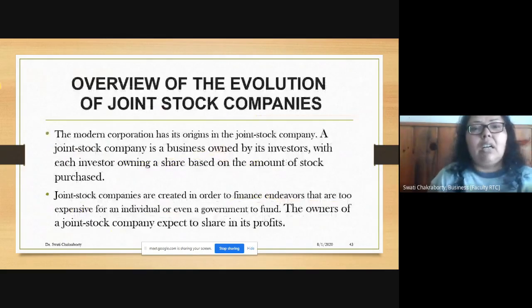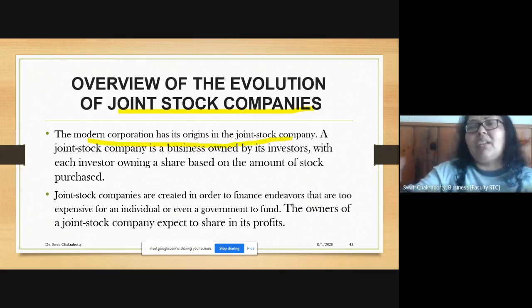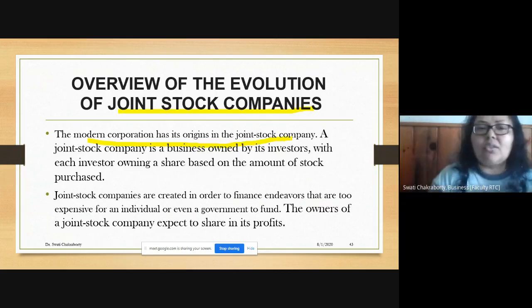We were talking about joint stock companies, so let's go into a little more detail on their evolution. The modern corporation that we have started with the joint stock company. I spoke about the British East India Company. That's a corporation, and that's a joint stock company.